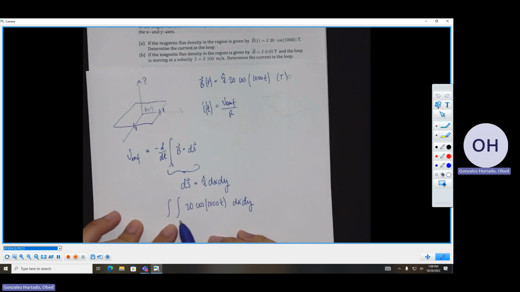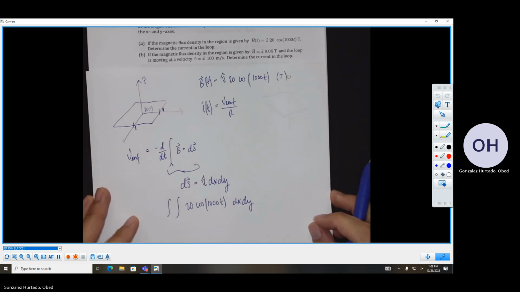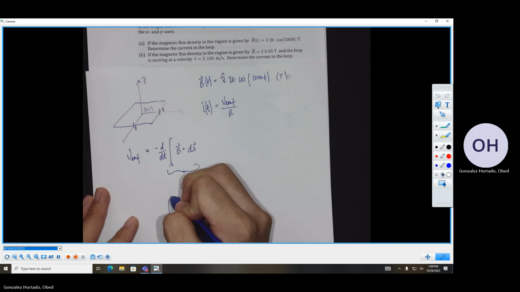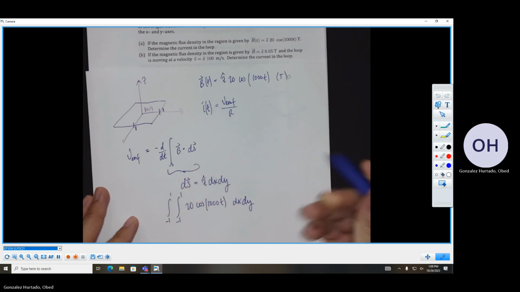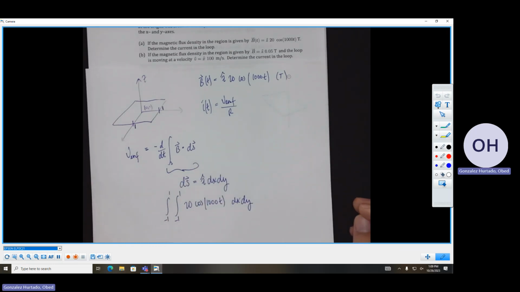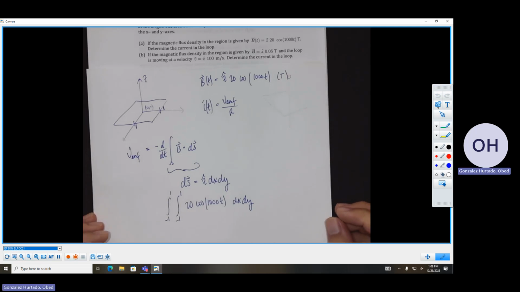now what are our bounds? -1 to 1 and -1 to 1. This should just give us our area, right? Yes, for the surface.